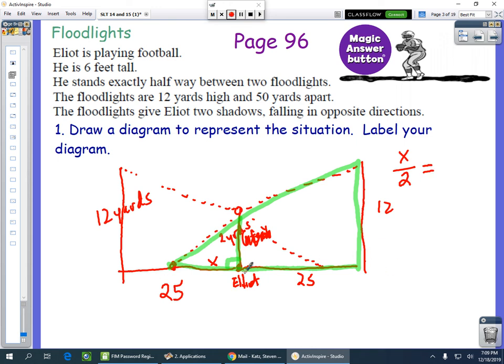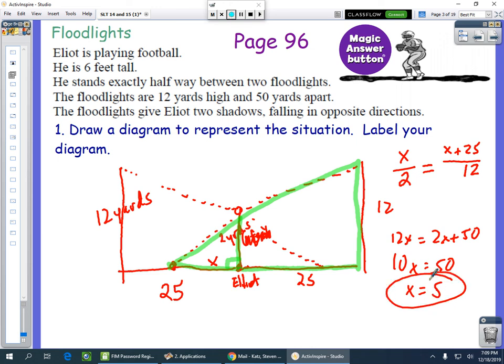From here to here is x, from here to here is 25, so the whole length would be x plus 25, and then the floodlight, the base, which is 12. If I solve this proportion, I'm going to get the shadow. So 12 times x, 12x, equals 2x plus 50. Subtract 2x on both sides, 10x equals 50, which means x equals 5, which means the length of Elliot's shadow has to be 5 yards.